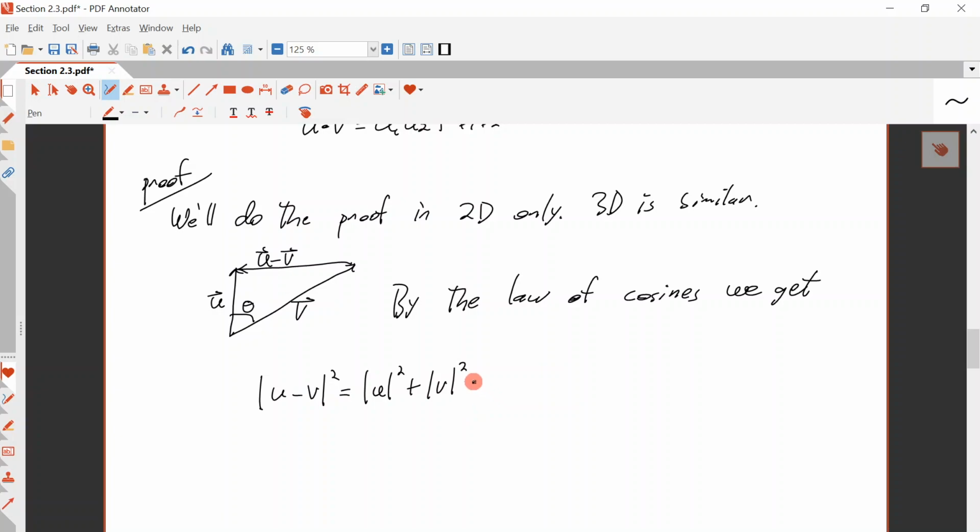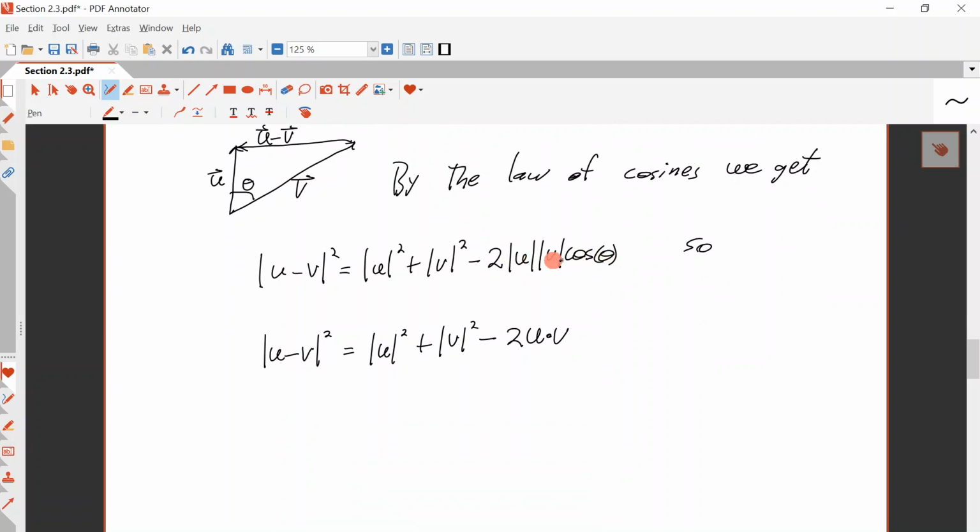If theta is not equal to 90 degrees, then there's a correction, minus 2|U||V| cosine theta. But that's the dot product of U and V right there. So let's rewrite it as |U minus V| squared is equal to |U| squared plus |V| squared minus 2 U dot V. That's the definition of the dot product, in the law of cosines.